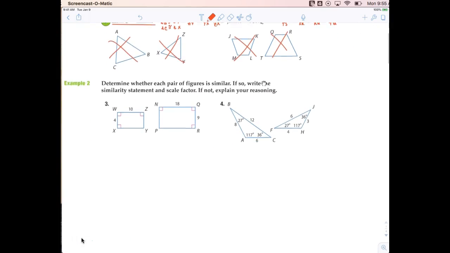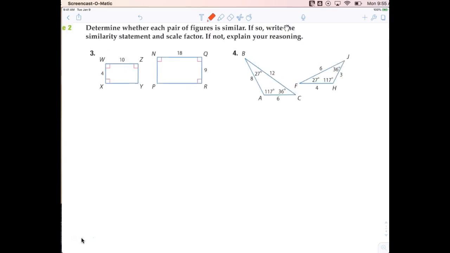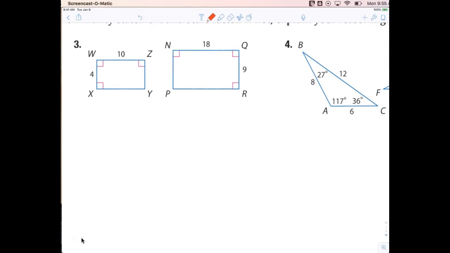Now let's go to number 3. It says determine whether each pair of figures is similar. If so, write the similarity statement and the scale factor. The scale factor is just how many times bigger one is than the other. In the first one, are the corresponding angles congruent? Yes. It's clearly a rectangle.